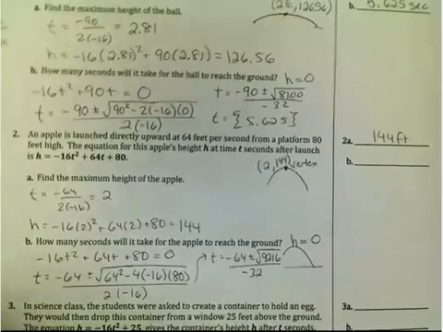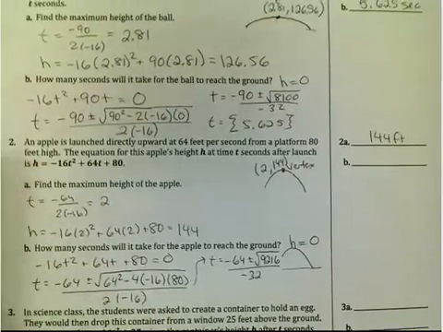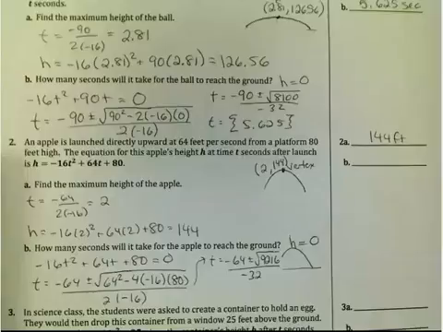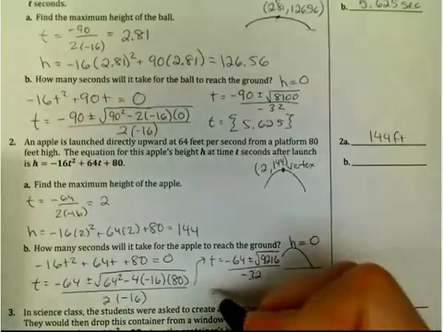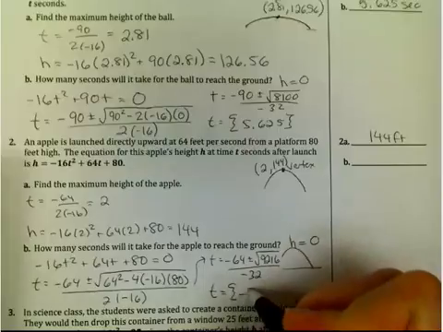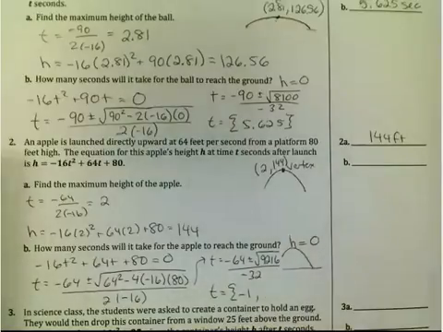Okay, so now when I take negative 64 and add to that the square root of 9,216, I'm going to get 32, and then I'm going to divide that by negative 32, and that gives me an answer of negative 1. And then I also need to do the same thing with subtracting it.